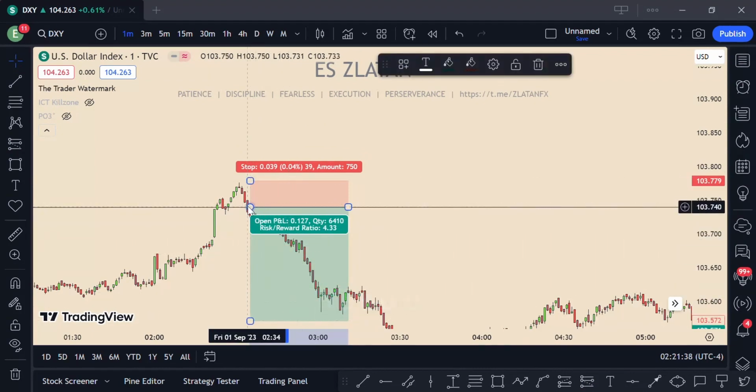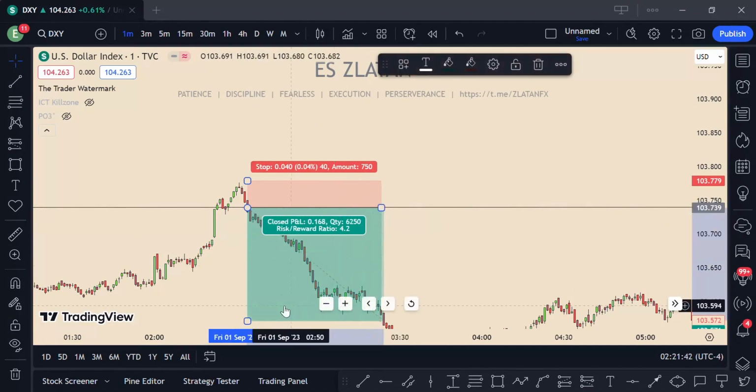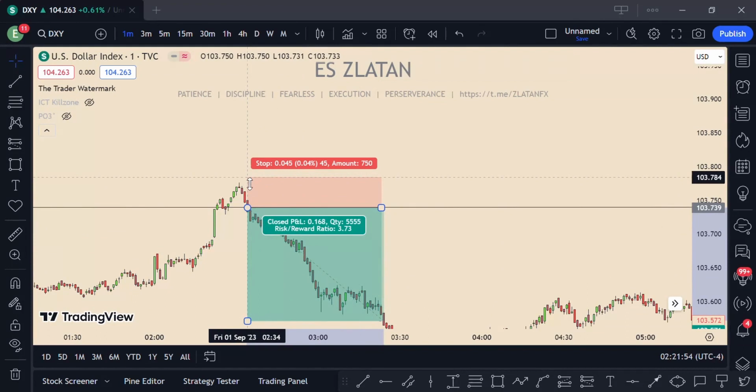Why? It has swept out liquidity. Once price sweeps liquidity, it automatically makes that high or that low a high resistance liquidity run. So if we are right, the market shouldn't take away this high, right?